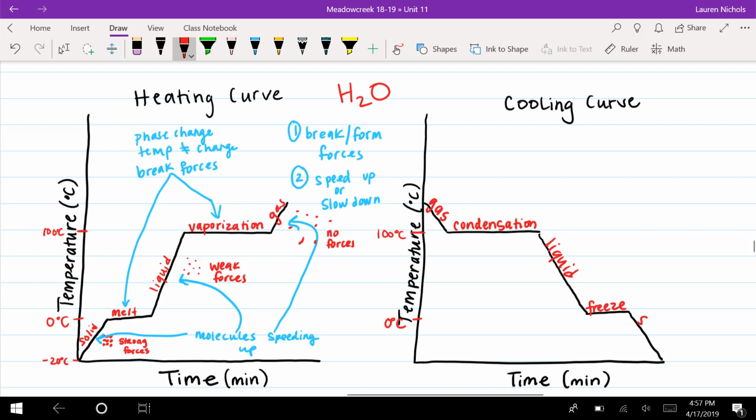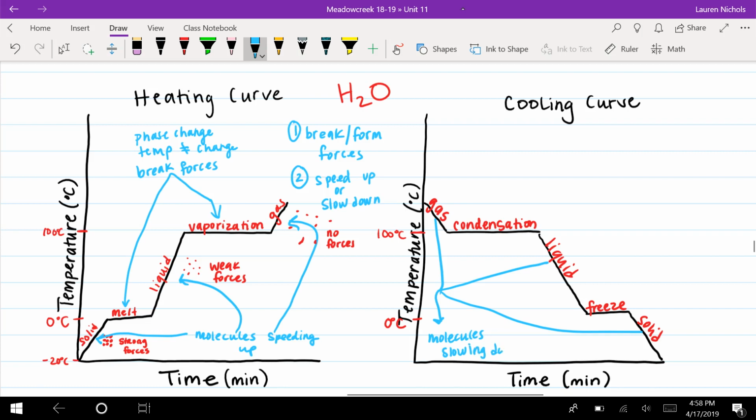And when it freezes, it becomes a solid that can continue to get colder and colder. So again, same thing. On these angled parts where the temperature of the gas, the liquid, or solid is changing, you know that the molecules are going to be slowing down.